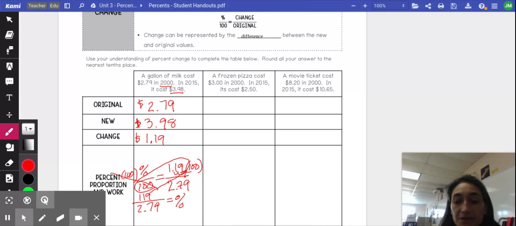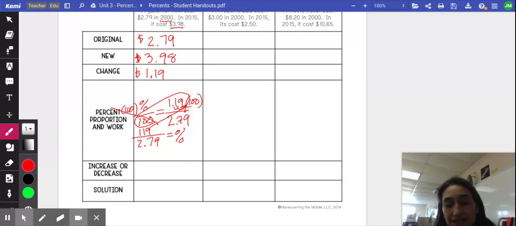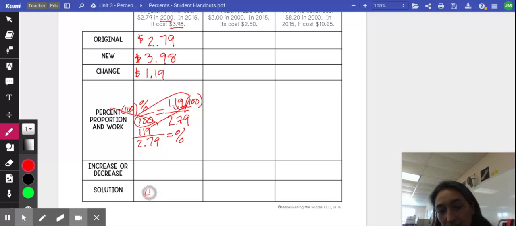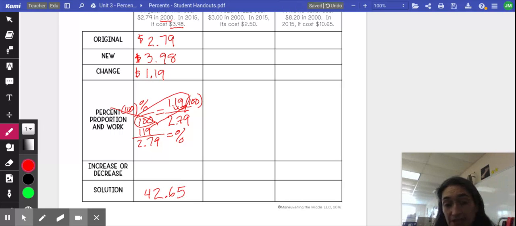Using my calculator to calculate this out, if I took 119 and divided it by 2.79, it would give me my solution, which is actually 42 point 6, 5, and then decimals all the way to the end of the calculator. I can round this to the nearest tenths place value if I wanted to. I could leave it at the hundredths place value.